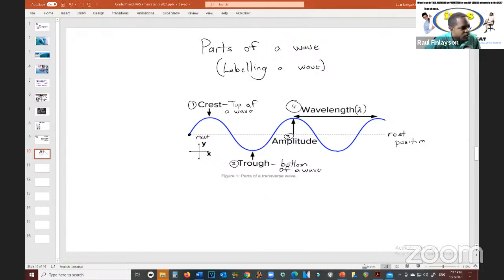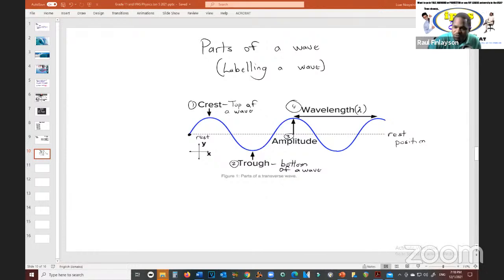So I think Janari has some issues here. Let me just allow him. Yeah. So again, wavelength. The distance between two same points of a wave, or as you say, distance between two crests or two troughs. That's acceptable. Okay.